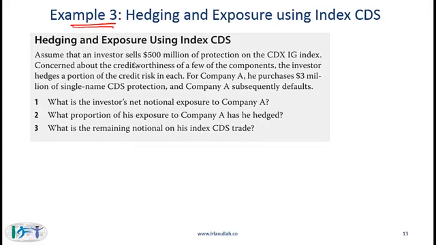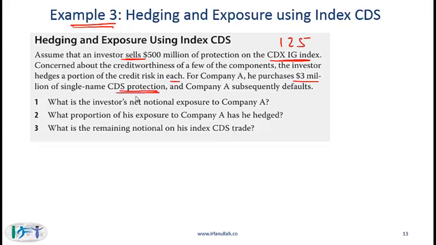Let us now look at example 3, which is important: hedging exposure using CDS. Assume an investor sells 500 million of protection on the CDX IG index, and remember this has 125 companies. But this investor is concerned about the creditworthiness of a few of the components. So the investor hedges a portion of the credit risk in each. For company A, he purchases 3 million of single name CDS protection.